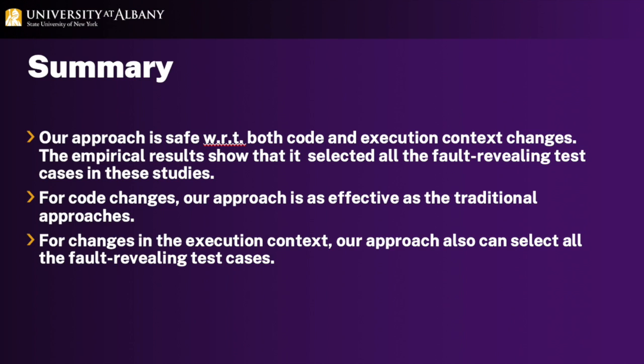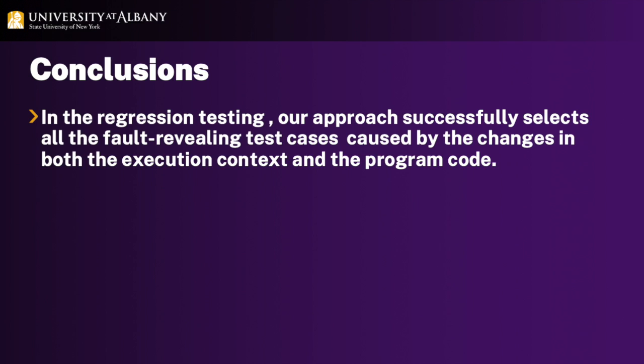For the changes in execution context, our approach can also select all the fault-revealing test cases. The conclusion is, in regression testing, our approach successfully selects all the fault-revealing test cases caused by the changes in both execution context and the program code.